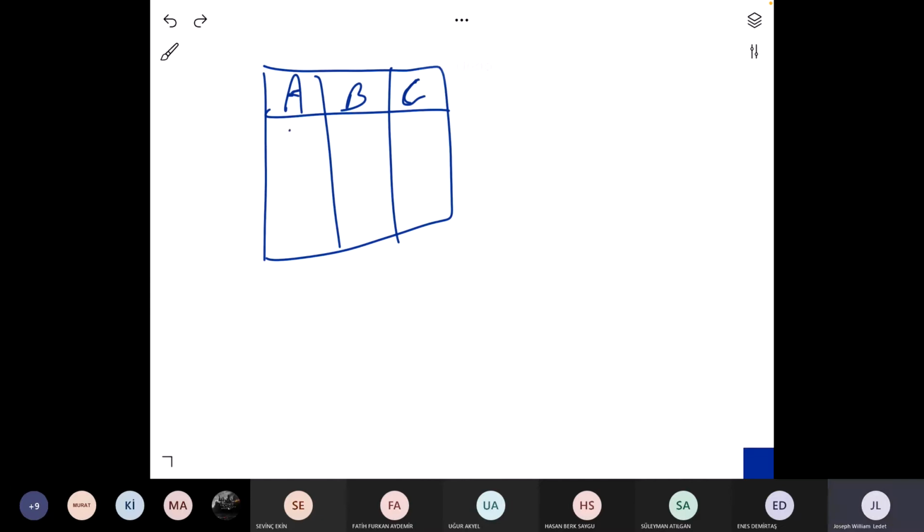Actually, let me go ahead and put real values. Like this, where these are my rows.